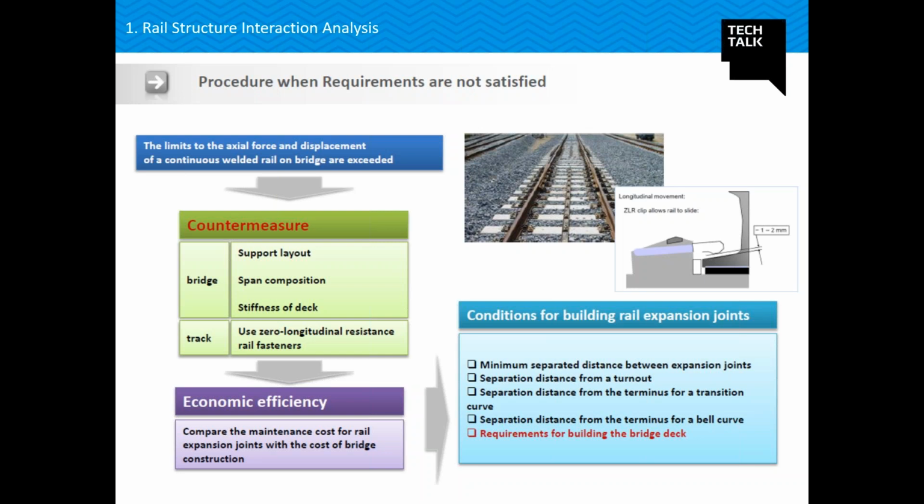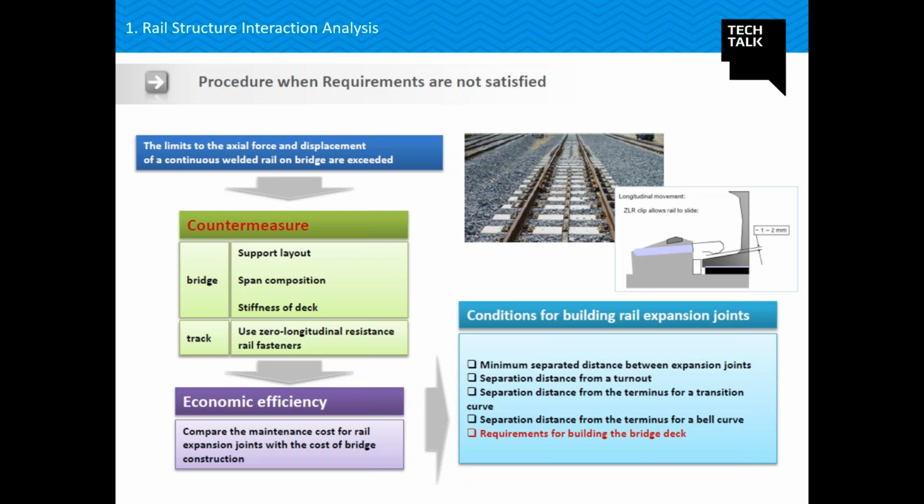Suppose your bridge is a simply supported bridge, with one abutment fixed and the other abutment free. So this is my normal support layout with fixed-free kind of support. What we can do is change this support layout.